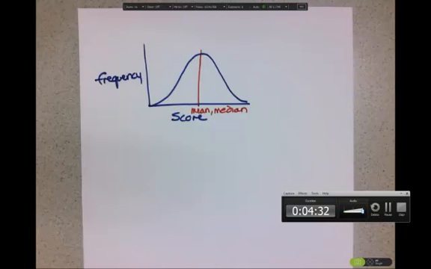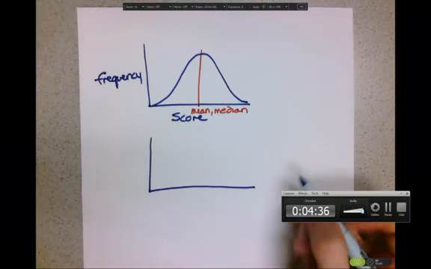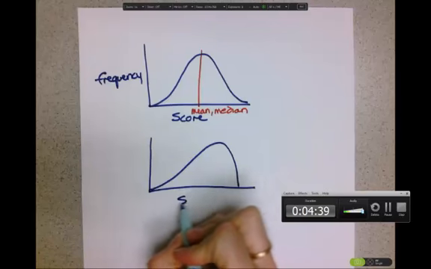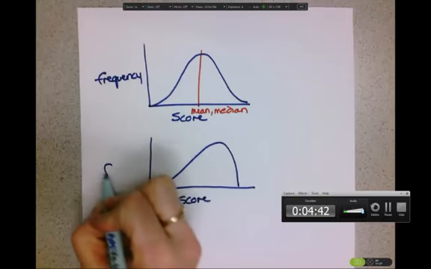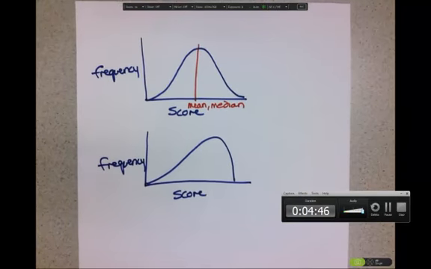However, when we have data that's skewed like this, again we have score on our x-axis and frequency on the y-axis. Think about where the mean is going to fall in this case. Right? So the mean takes into account all the data across the whole range.